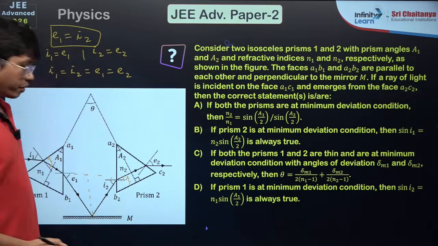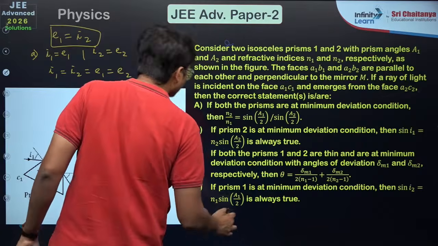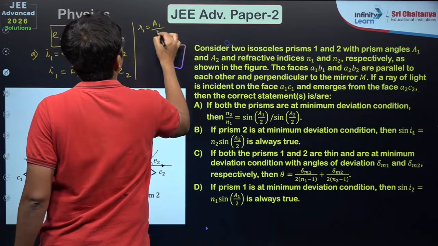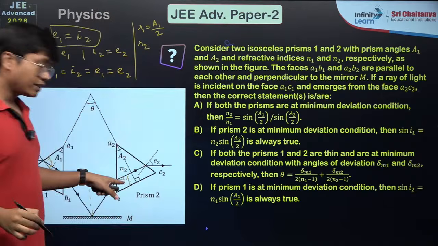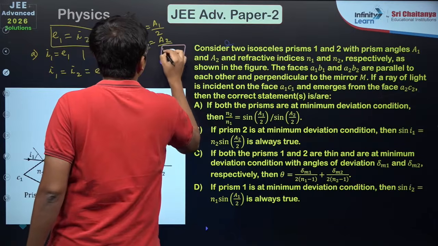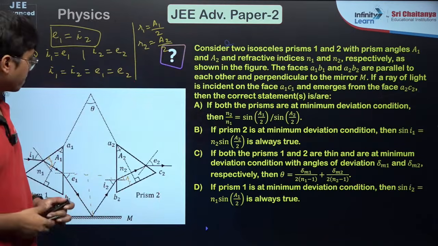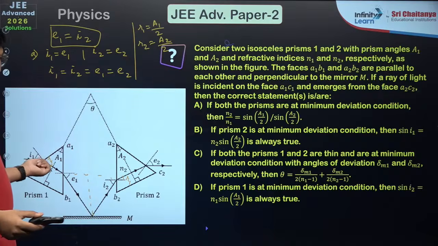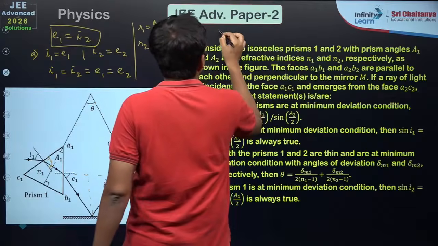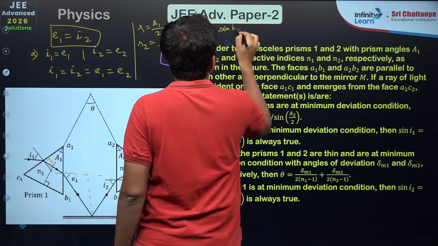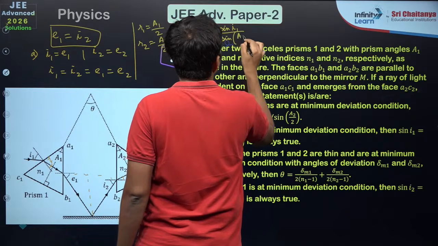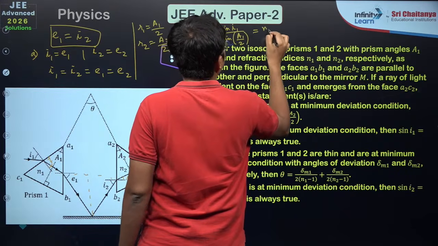So, R1 is equal to A1 by 2. And R2 by the way is in this prism over here. R2 is basically again A2 by 2. Minimum deviation criteria. Once I have that, then I can apply the Snell's law in any of them. So I know sine I1 by sine R1, which by the way is A1 by 2, that is N1.